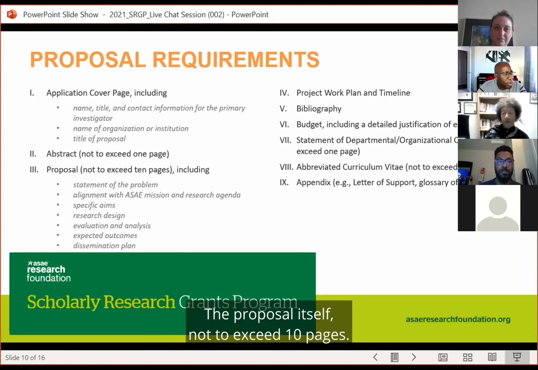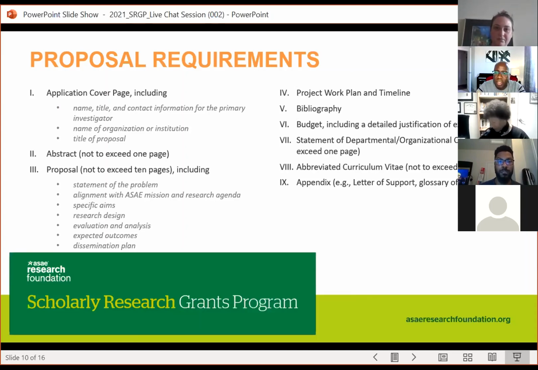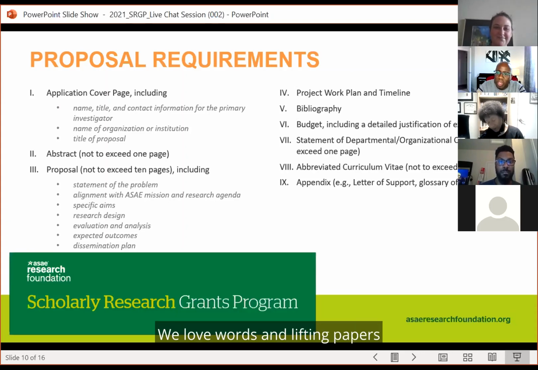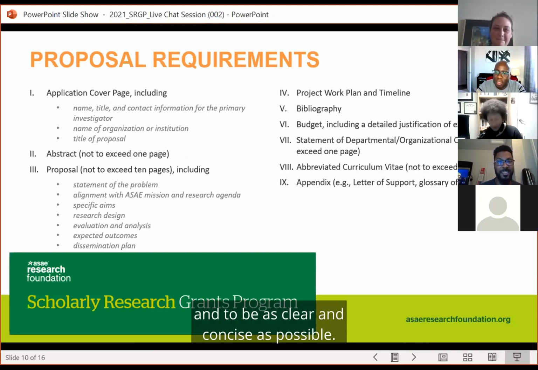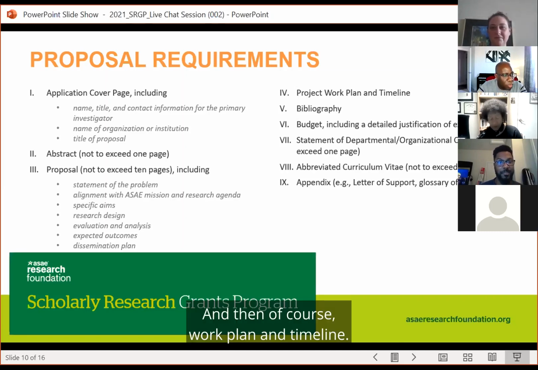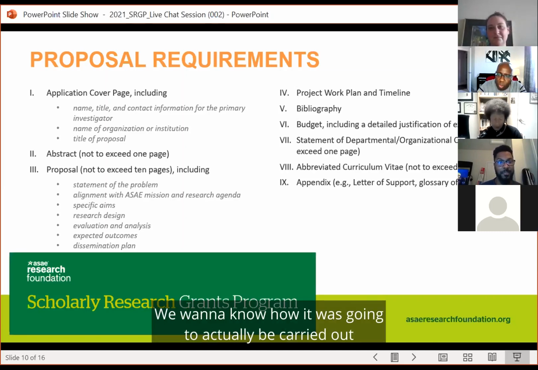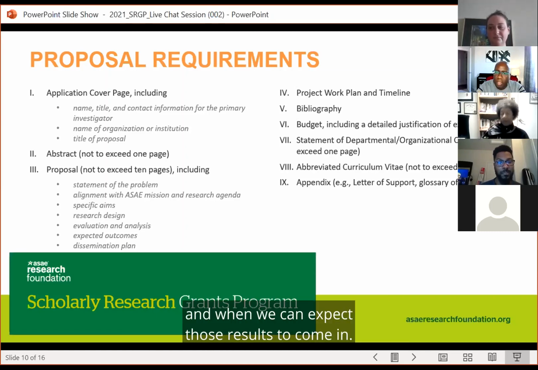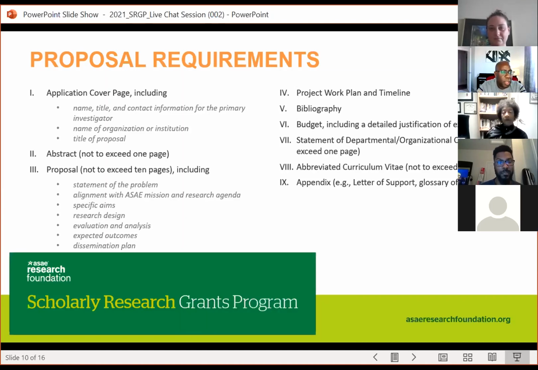The proposal itself is not to exceed 10 pages. We know in the academic world, I work with them, we love words and lengthy papers, but we will give some points for brevity and being as clear and concise as possible. And then, of course, a work plan and timeline. We want to know how it's going to actually be carried out and the timeline it's going to be done in, because that's going to influence when we can actually get those things out and when we can expect those results to come in.